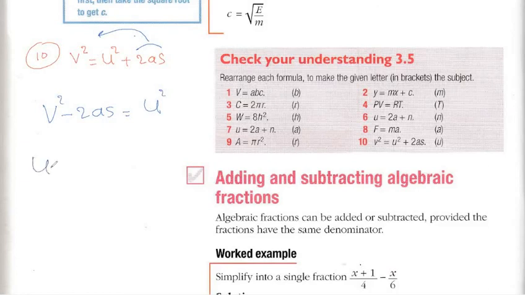Or we can write it like this: u squared equals v squared minus 2as. We want only u, so we take the square root of both sides. The square root of u squared is only u. And the square root of this whole term is the square root of v squared minus 2as. We cannot take the square root of each term separately, since there is a negative sign between them.